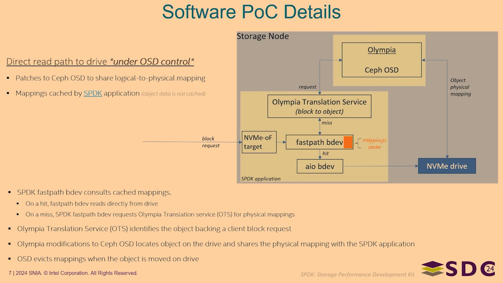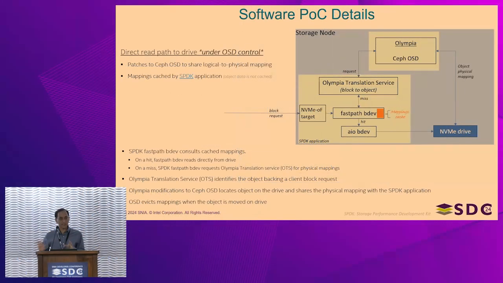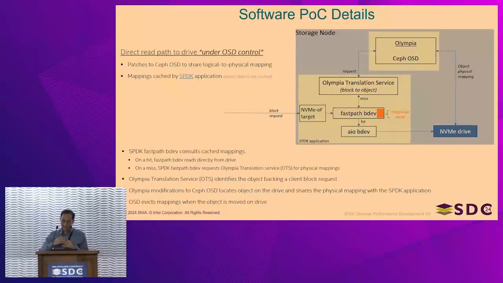Well, I shouldn't say simple, but there is a well-known algorithm where, given a particular extent and an RBD image, which is Ceph terminology for logical volume, you can translate to the actual object that is backing it, the name of the object, I mean. So we've pulled out that code from the Ceph OSD and put it in our translation service here. That converts from the block request to the corresponding object and sends that request to the Ceph OSD. And with the patches I mentioned before, we'll get the mapping back.